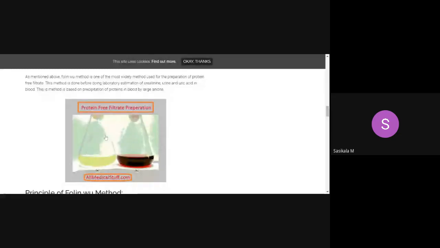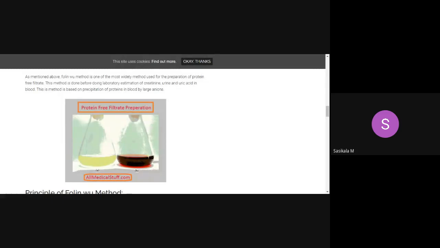Can you observe the color change? This is the protein-free filtrate, and this is how your blood sample appears before filtration. So reddish brown color formation occurs. Once you add tungstic acid, it gets precipitated. Once you filter it off, you will get the clear solution. So this is how the color change occurs during protein-free filtrate preparation.